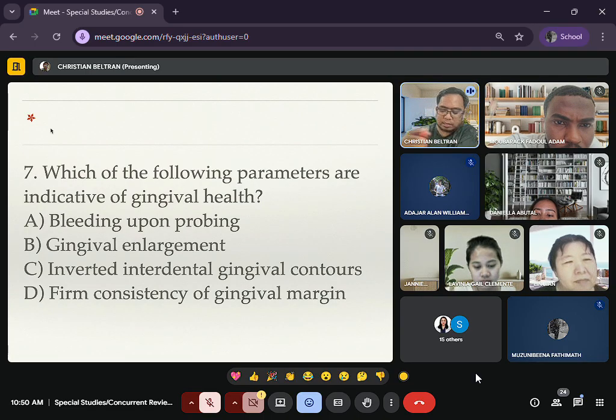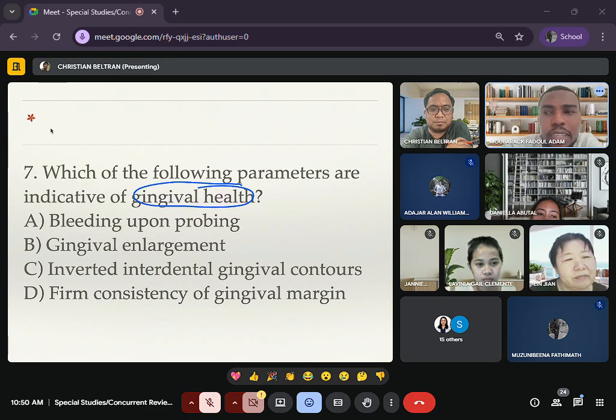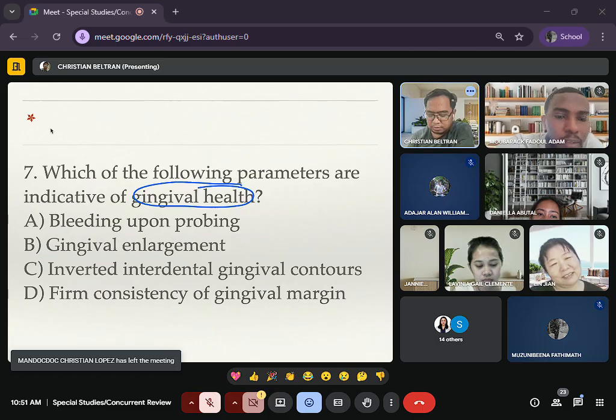Which one would indicate a healthy gingiva? D. So a healthy gingiva is firm.